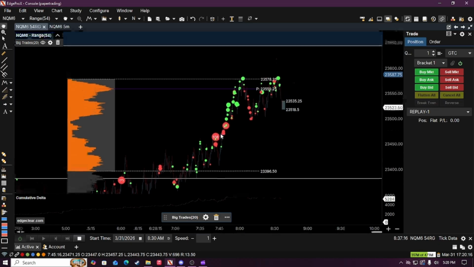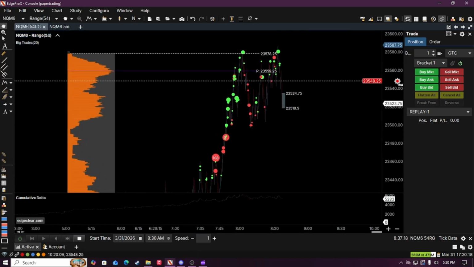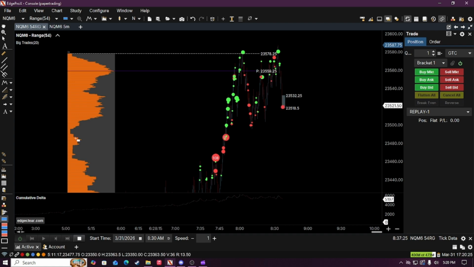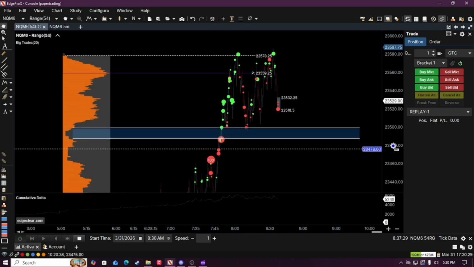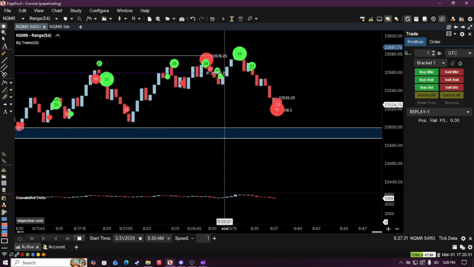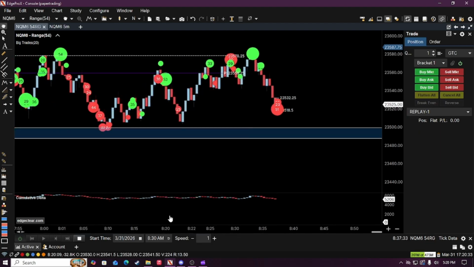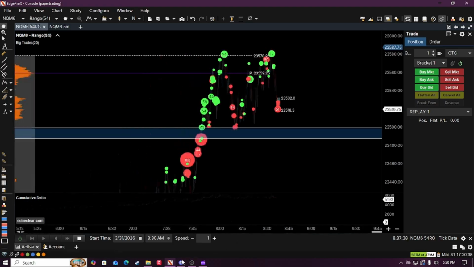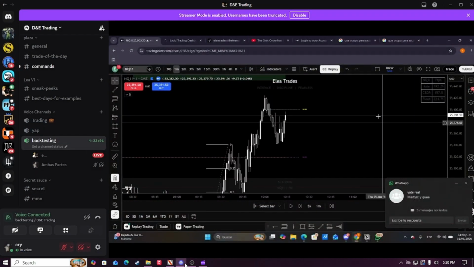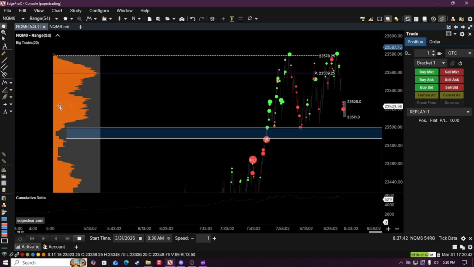And as you can see here, we have a low volume node. That's interesting. So let me mark this very quickly. So also, we're pretty much consolidating.